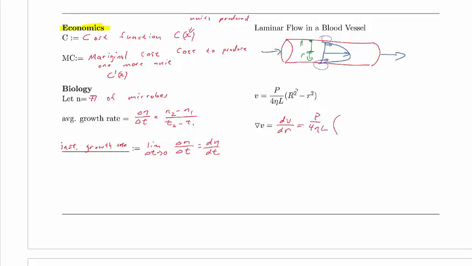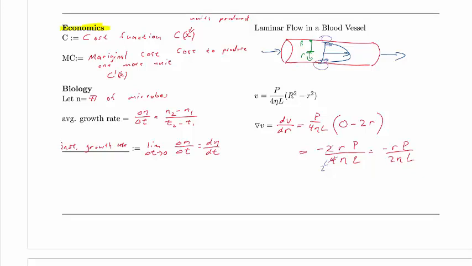Big R right here, the derivative of a constant by itself is 0. And then we take the derivative of the next one, negative 2r. Clean that up, and we get this expression here. Note that the 2 and 4, the 2 will cancel, leaving us with just a 2 down there, resulting in negative rP over 2L.